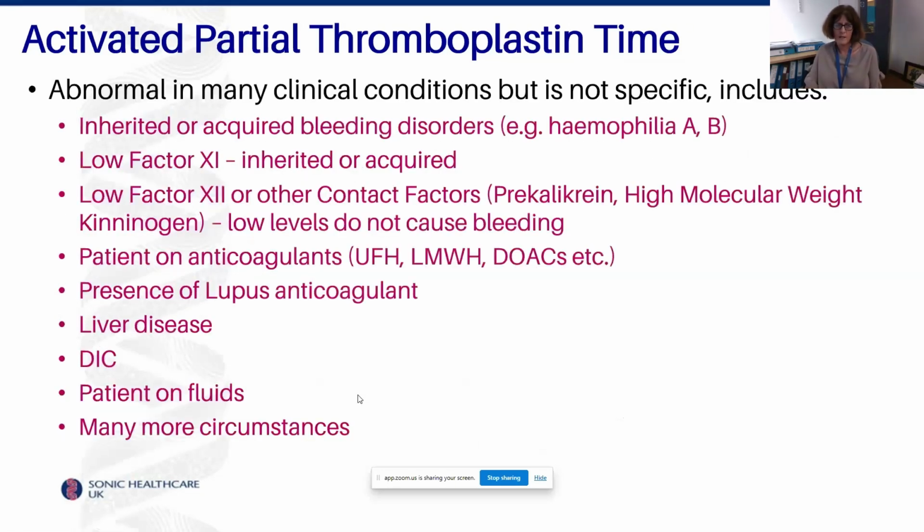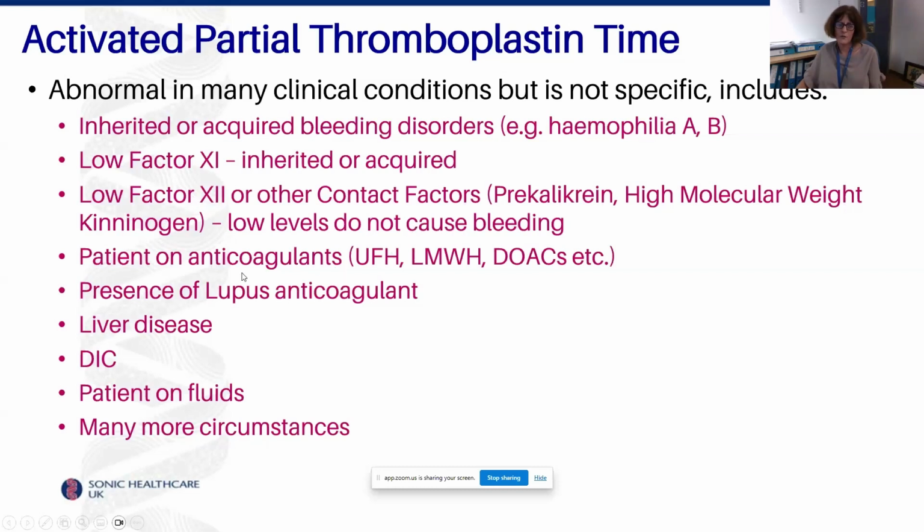So APTT can be abnormal in lots of different clinical conditions, including inherited or acquired bleeding disorders such as Haemophilia A and Haemophilia B. We can detect low factor 11 levels, inherited or acquired. We can also detect low factor 12 or other contact factors, but we know that these factors here, prekallikrein and high molecular weight kininogen, don't cause bleeding if they're low.